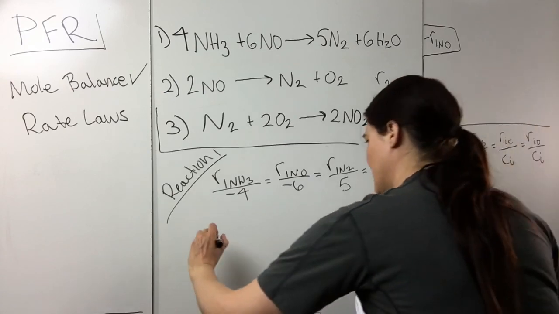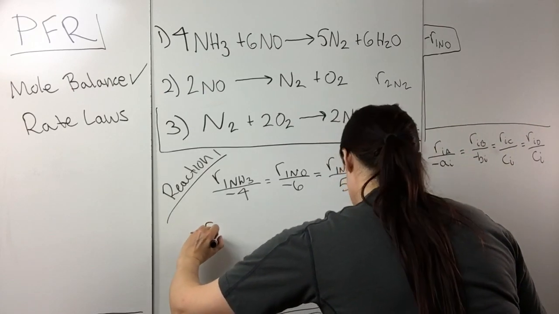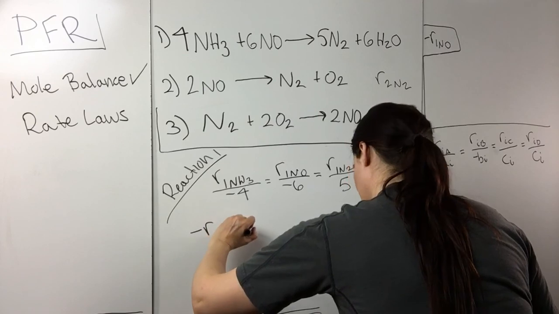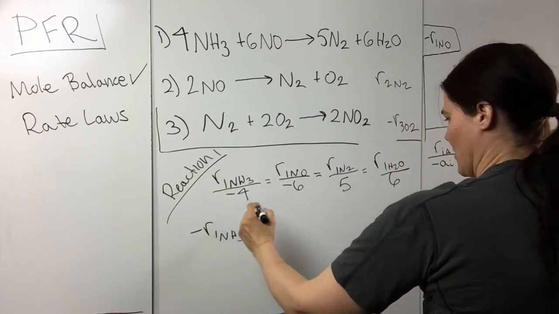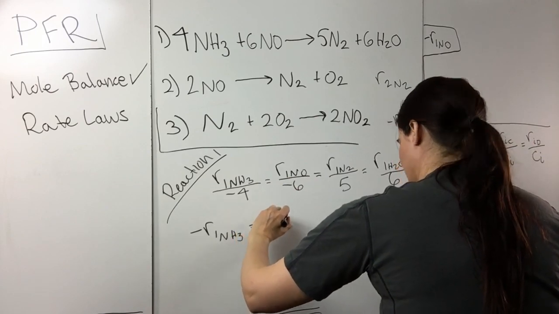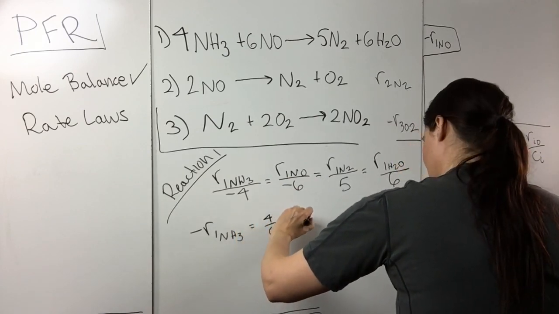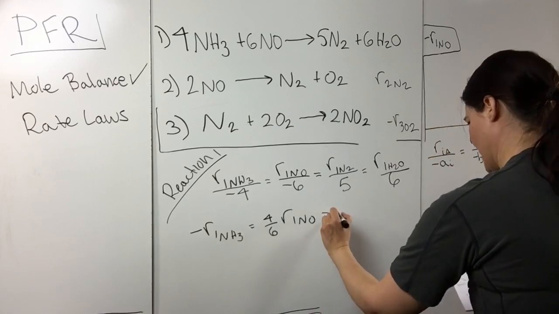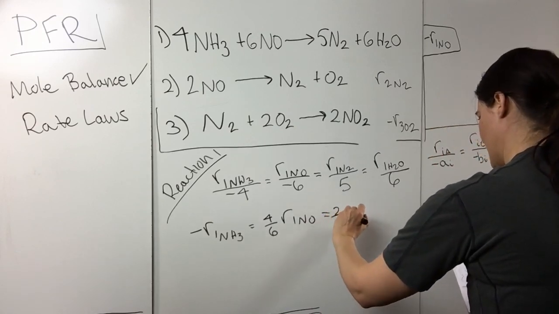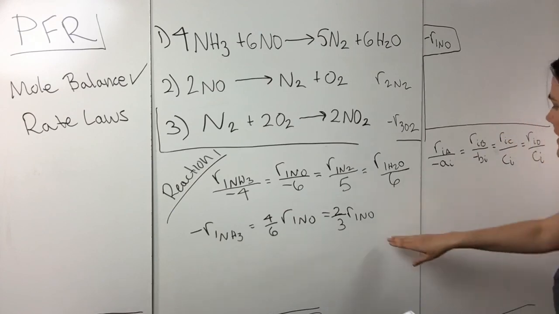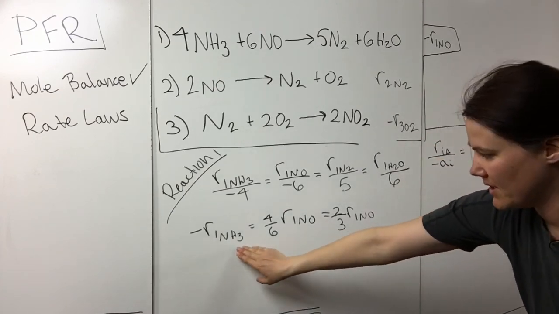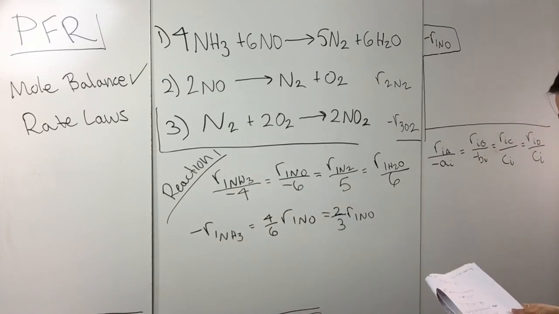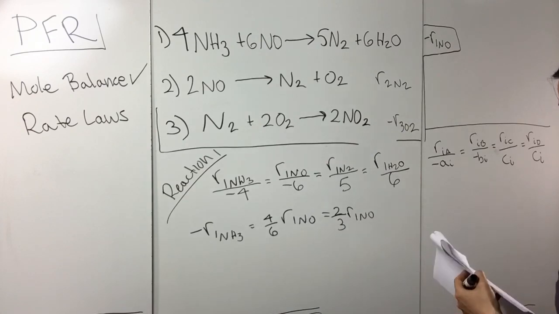So for instance, the rate of disappearance of R1 NH3 is equal to, we multiply the 4 over 6 R1 NO, so that's 2/3 R1 NO. Then we just plug in the R1 NO, which we know. In this particular case, I'll go through them real quick and then combine them.